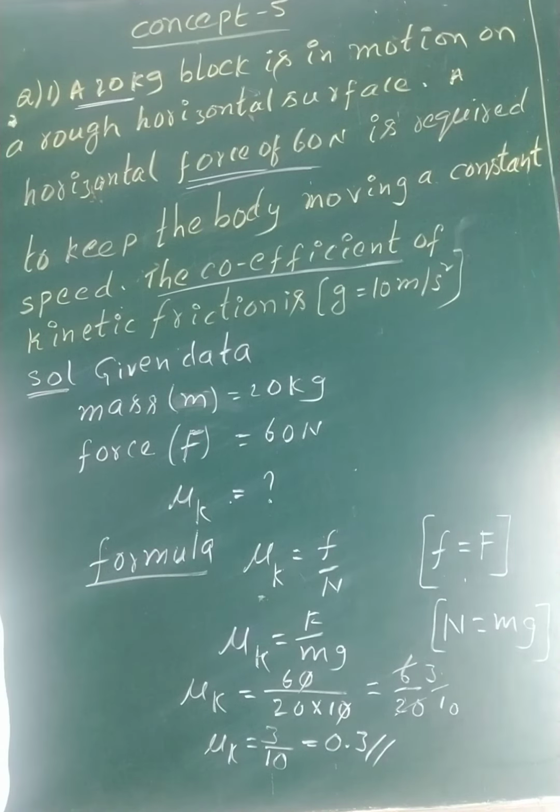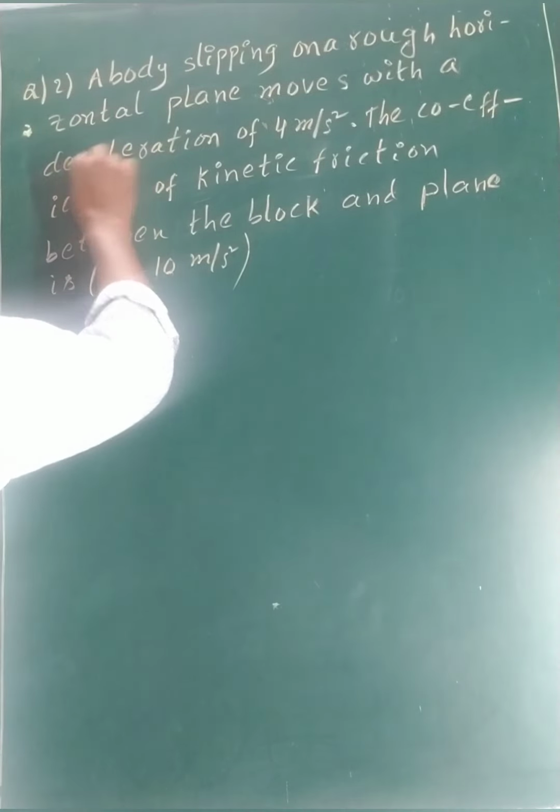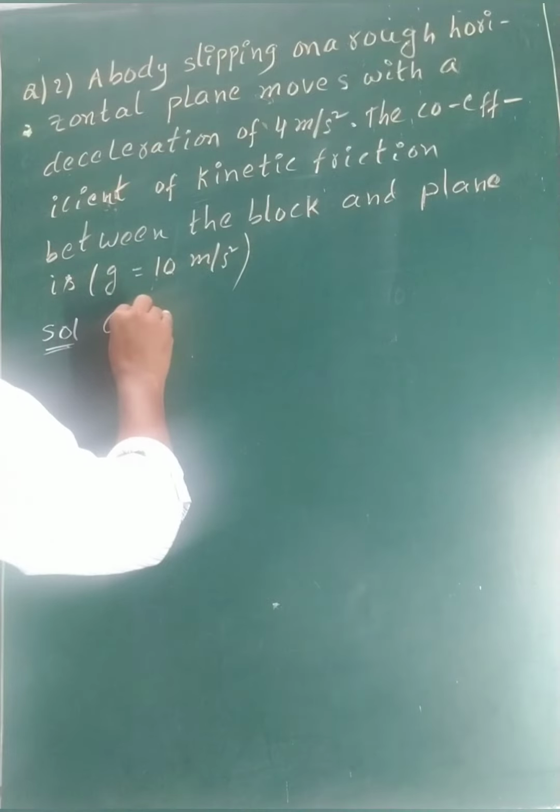This is our answer. In the given question, a body slipping on a rough horizontal plane moves with a deceleration of 4 meter per second square. The coefficient of kinetic friction between the block and the plane is? First, deceleration is given. So, solution.